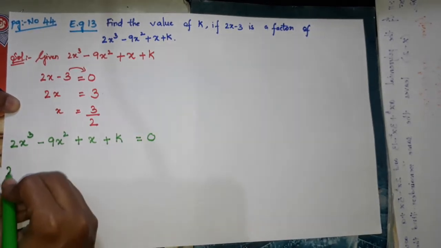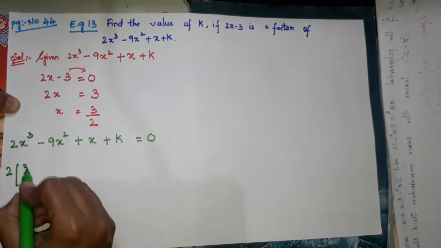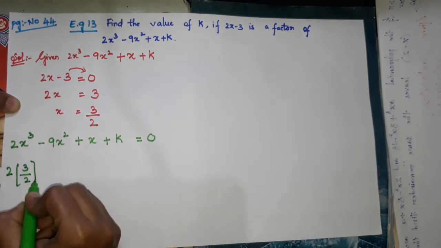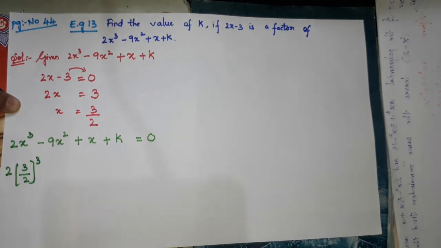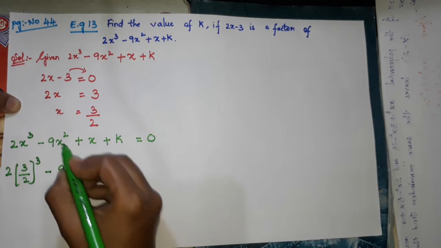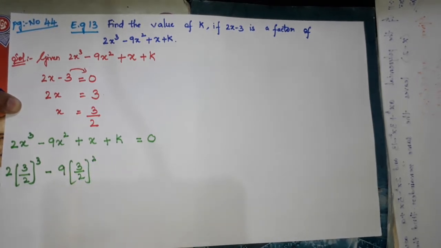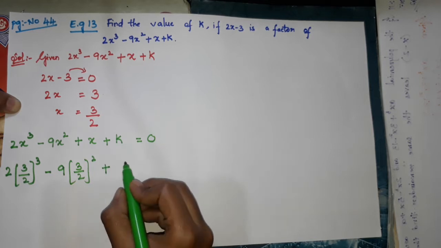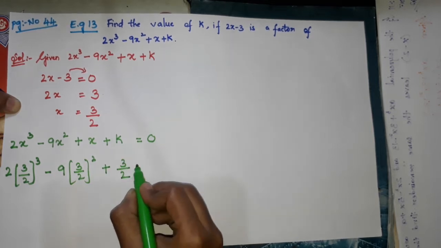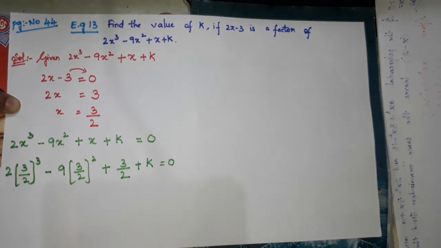Now in place of x, what we have to do children? We have to substitute 3 by 2. So 2 times 3 by 2 whole cube, okay, minus 9 times 3 by 2 square, plus x is what? 3 by 2 plus k as it is equals to 0.